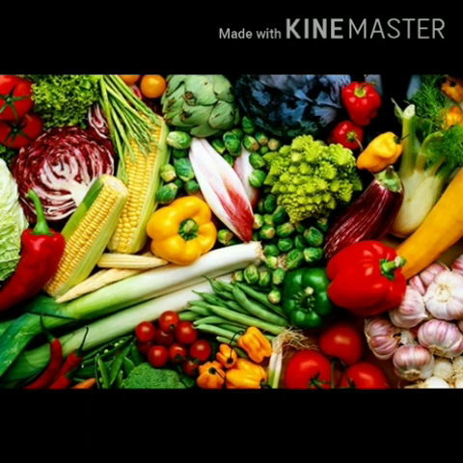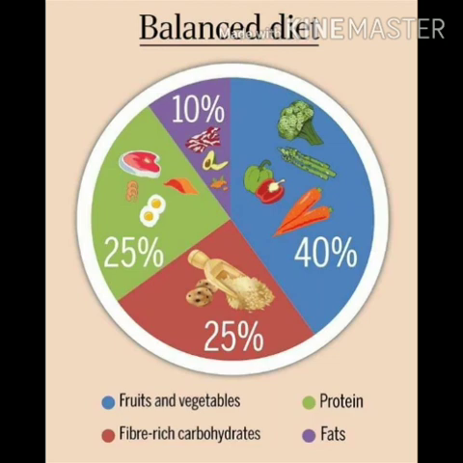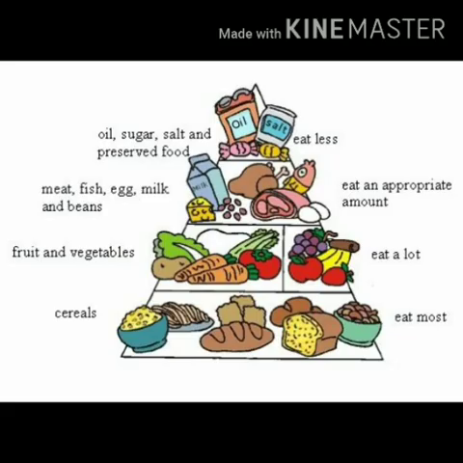Now let me explain to you what a balanced diet is. It is the food intake that includes all the dietary needs of the organism in correct proportion. Hence, we must always make sure to include all nutrients in our food and drink an adequate amount of water to maintain a healthy body.